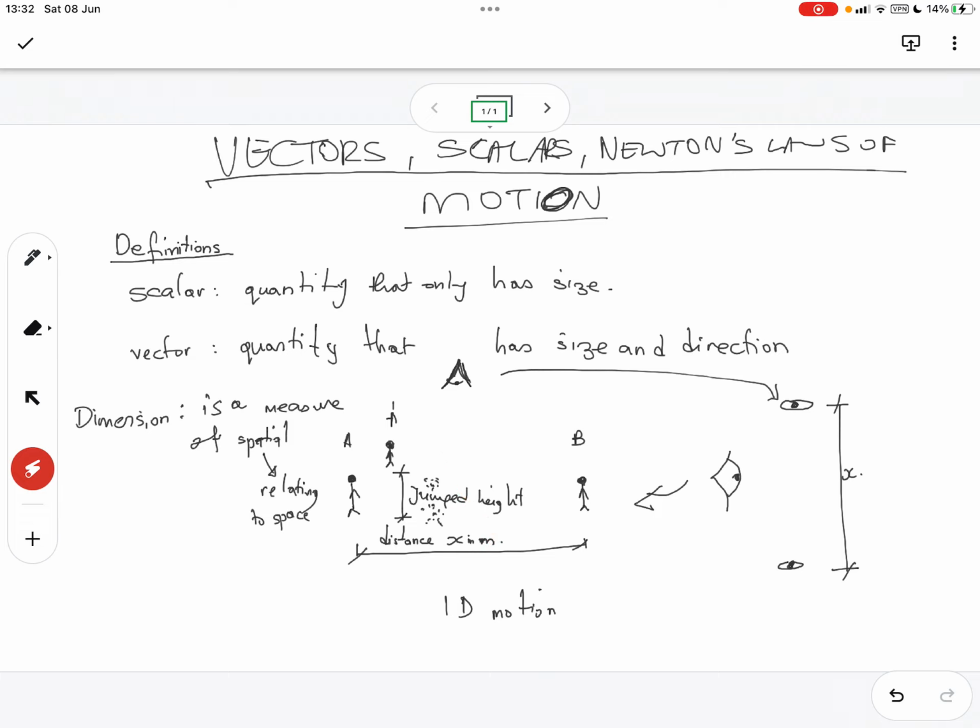But from the side, we will see them move in two dimensions, go up and to the side, because that would be movement in that angle. And they'll go from up to down or up to the side, and they'll land like that. So this becomes 2D motion, right? So I just put that there.